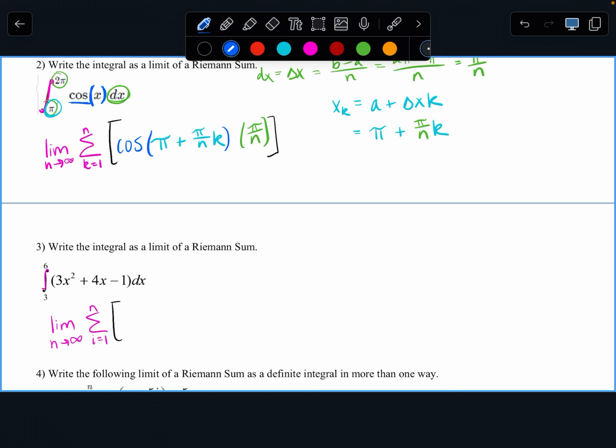This one was just kind of basic, it was just cosine. Now you just have more x's, which makes your sigma super long. The teal stuff went in for the x, and you're going to put that teal part in two spots because there's two x's.